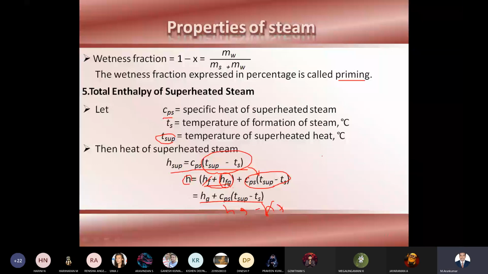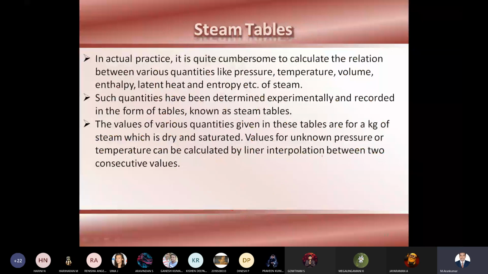Then in actual practice, it is quite cumbersome to calculate the relation between various quantities like pressure, temperature, volume, enthalpy, latent heat, and entropies of steam, right? So such quantities have been determined experimentally and recorded in the form of tables, that is called our steam table, right?